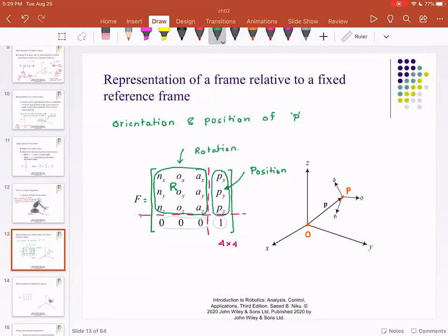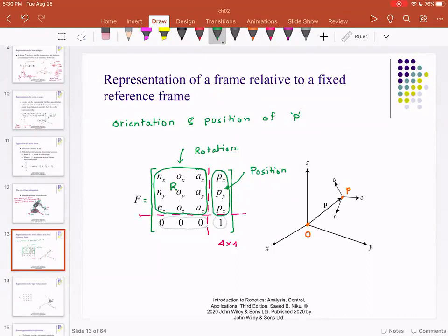Now, what are nx, ny, nz, ox, oy, oz, and ax, ay, and az? These are nothing but the direction cosines of that particular vector. We will talk about it in just a second, but I want you to understand the representation. Any questions?